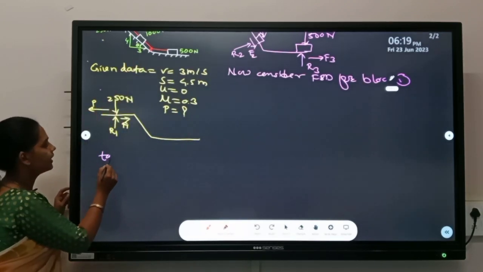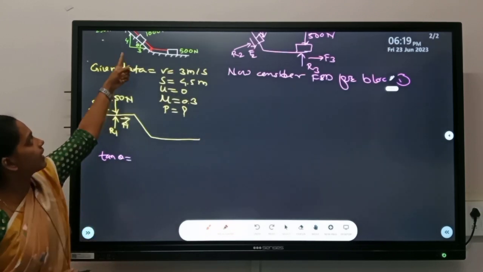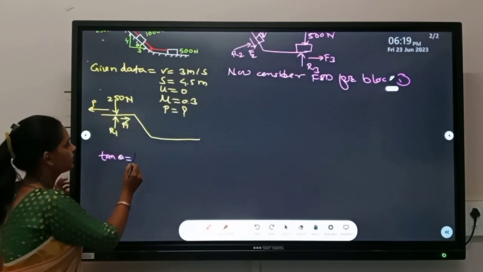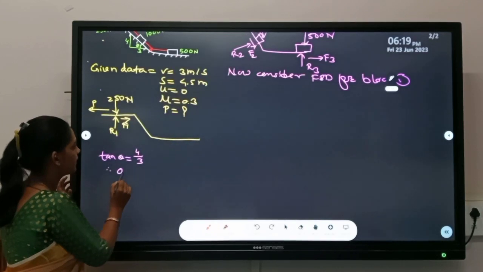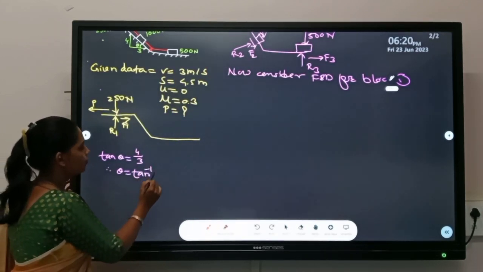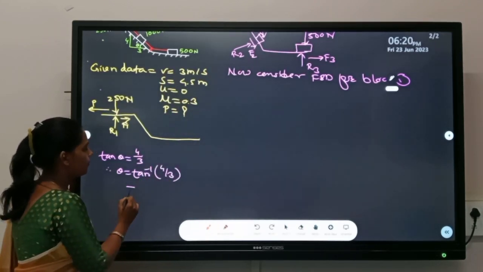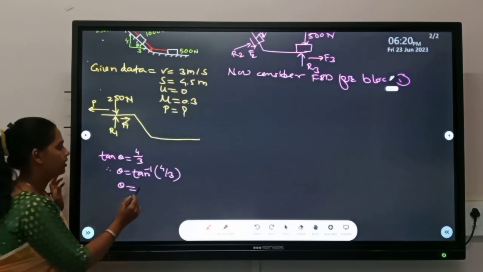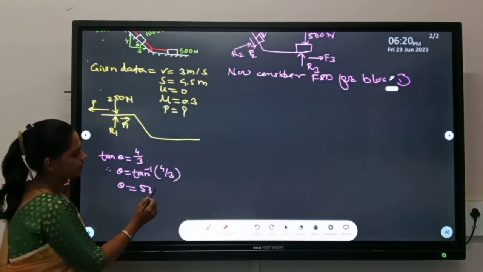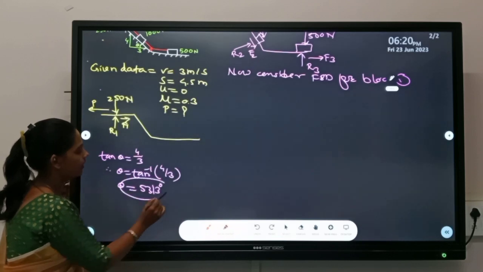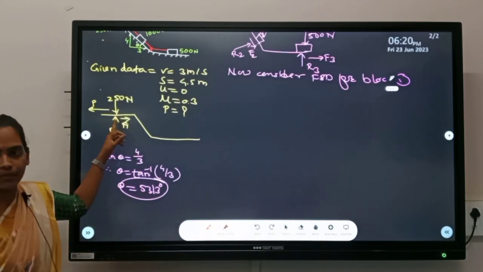So tan of theta is equal to the opposite side of the triangle divided by the adjacent side. So tan theta is equal to 4 by 3. Therefore theta is equal to tan inverse of 4 by 3. Then tell me the value of theta. 53.13 degree.